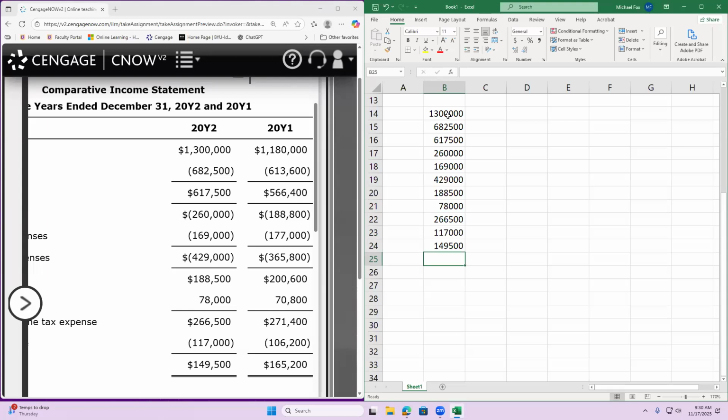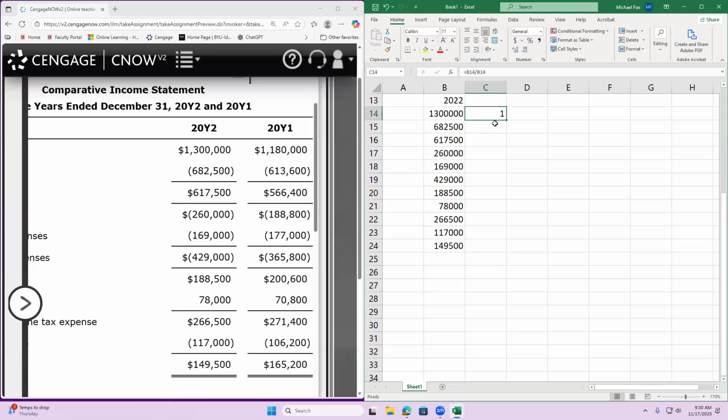So there's all my numbers as positives for the first year for 2022, or for the newest year. So now to find this as a percentage, I'm just going to say this cell equals that divided by that.